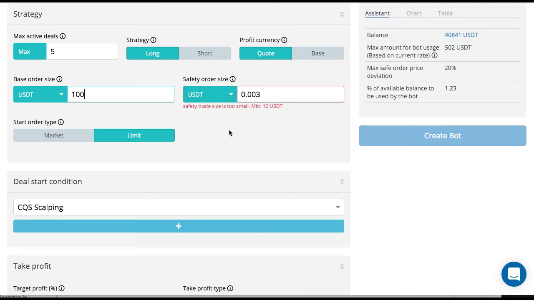Now, this is an area that I was talking about earlier with regards to complexity, the safety order size. Safety orders are also known as dollar cost averaging. The idea behind them is that if your trade drops below your entry price, to a particular percentage level or price level, you are actually going to add to the trade.